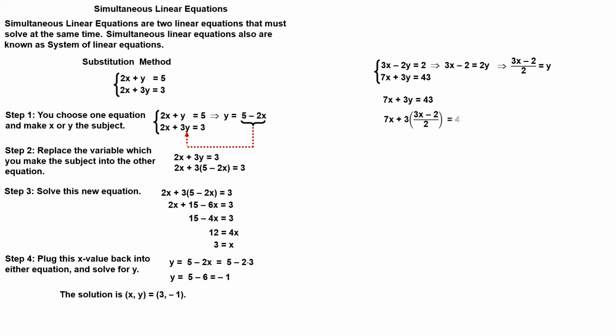We have to solve this new equation for x. Multiply throughout by 2, because we want to get rid of the fraction, and the way to do that is to multiply everything by 2.